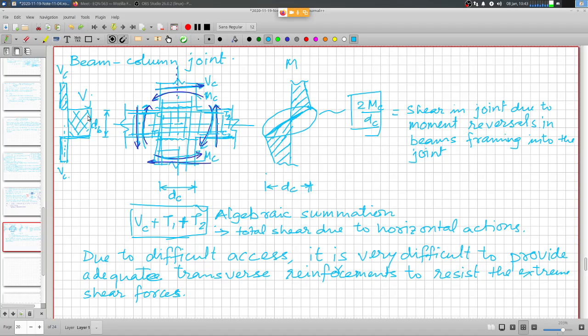And now how do we provide the shear capacities?